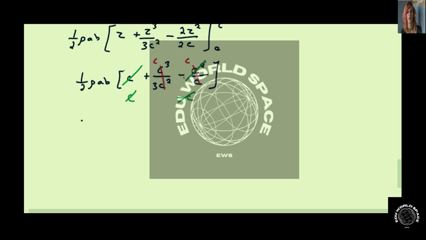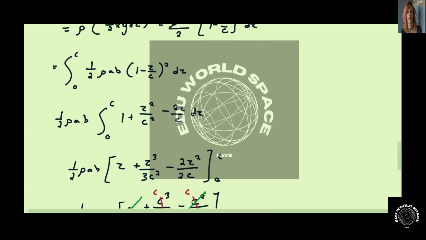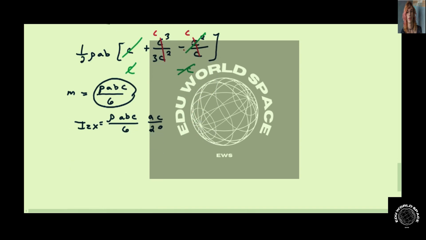Okay, and because of that, we can simply solve: M equals pabc over 6. And if we plug that into x, we get pabc over 6 times ac over 20. Okay. And that's what we had right here. Okay.